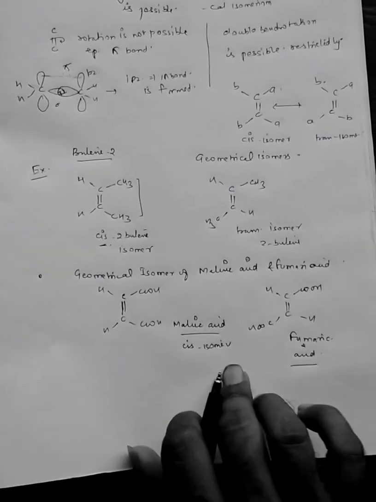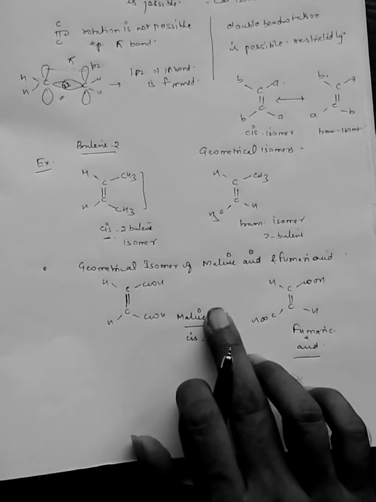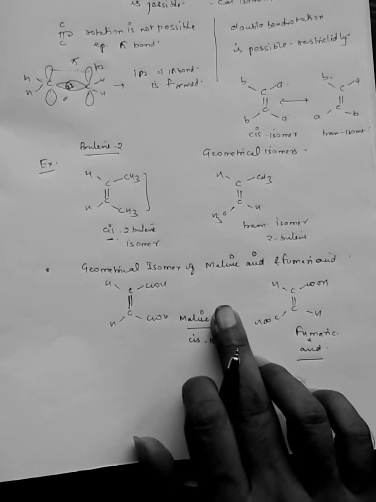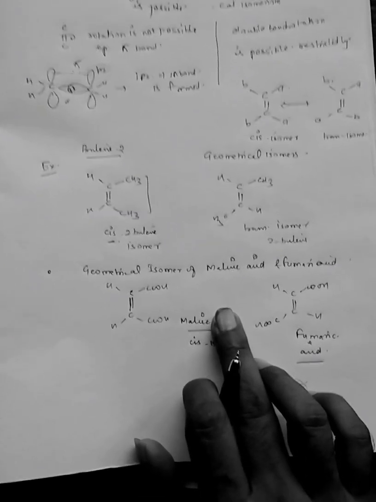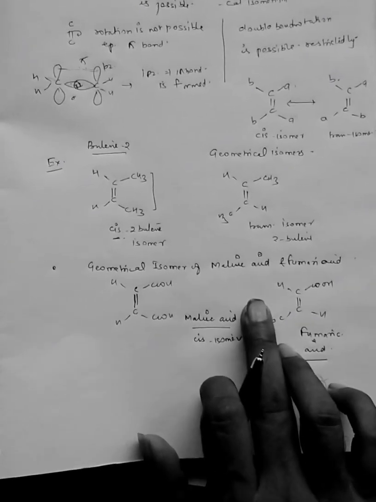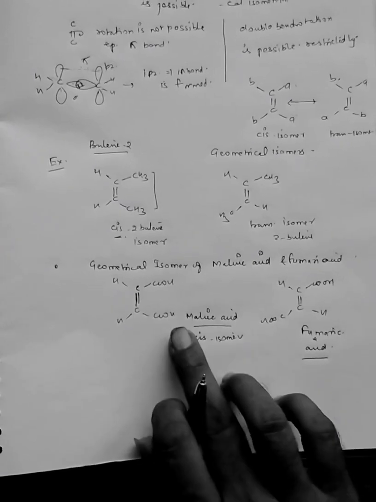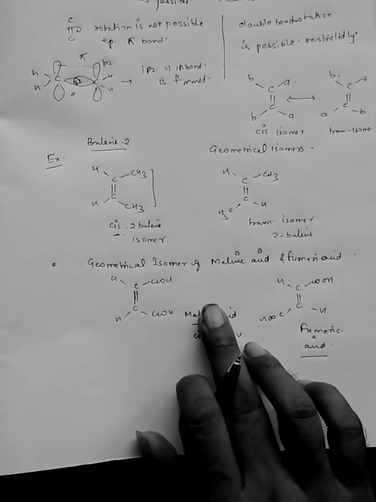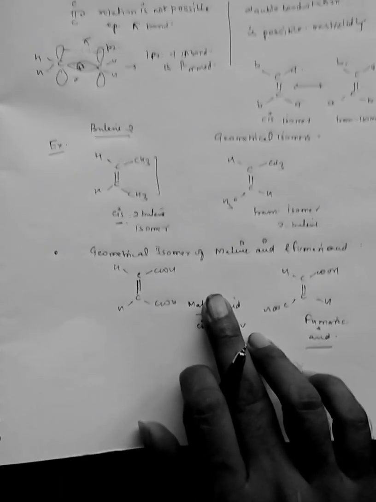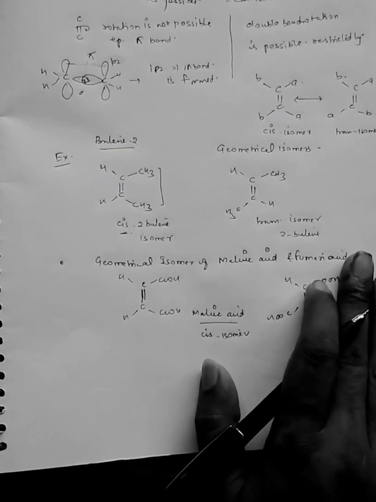So please concentrate on the concept of geometrical isomerism: how it is possible, what the necessary condition is, and how you can draw the structure of cis and trans isomers of different compounds. Here I have mentioned 2-butene and maleic and fumaric acid, but you can draw the structures of several compounds. This is my first lecture on geometrical isomers.